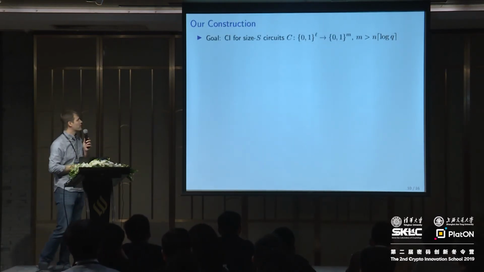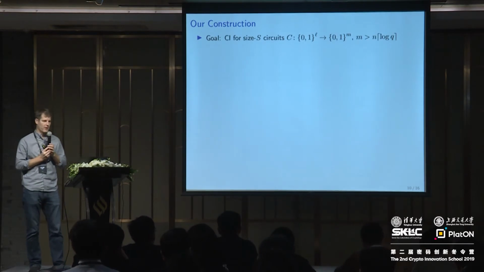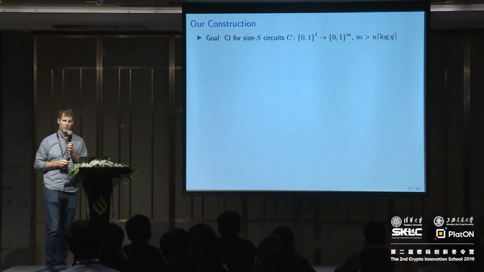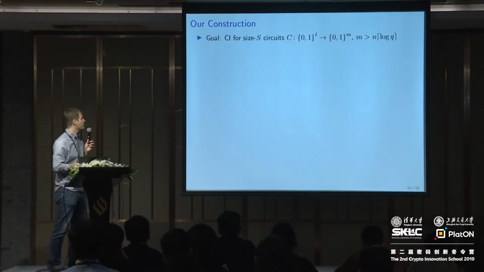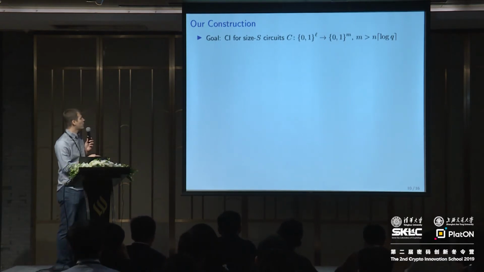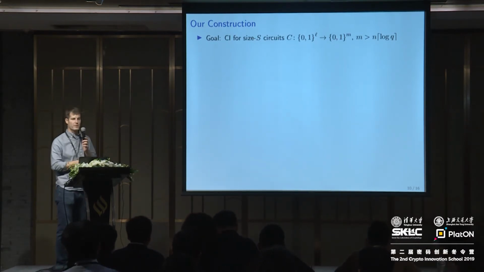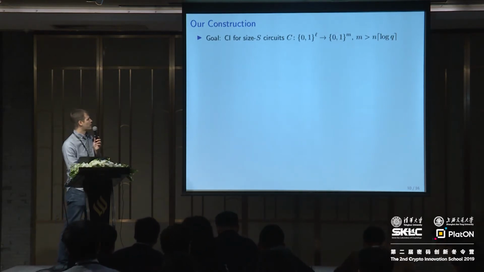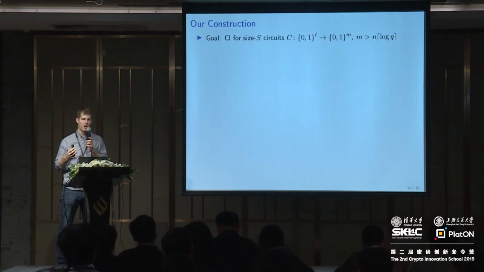Okay, so here is our construction on one slide of our correlation intractable hash functions. The goal here is to get a correlation intractable hash for circuits of size S that operate on L-bit inputs and return M-bit outputs. And M, remember, is going to act as the length of the verifier's challenge.